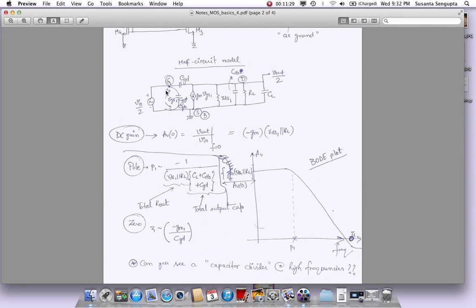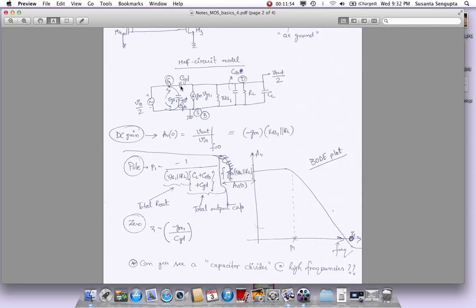At high frequency, you can actually throw out a lot of this stuff and show that this becomes a simple capacitive divider circuit. What I mean is, there is an input. The input goes through this CGD, and at the output, you can show that all these caps at high frequencies, their impedance dominates, so you can get rid of RDS, you can get rid of RL, you can also get rid of this thing if you want.